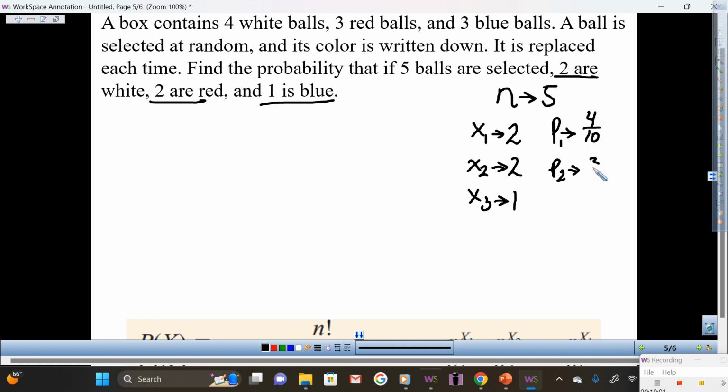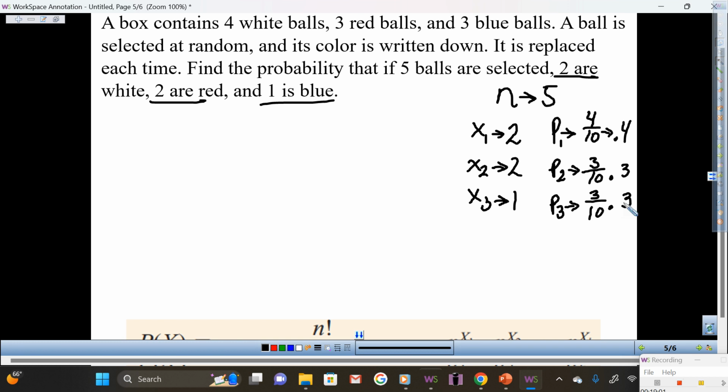Yeah, 3 out of 10. And of course, P out of 3 for the blue, it's also what? 3 out of 10. Do we know what to do with that? Yes, Mr. Q. Decimal value for these, this is what? 0.4, 0.3, and 0.3. That is correct.